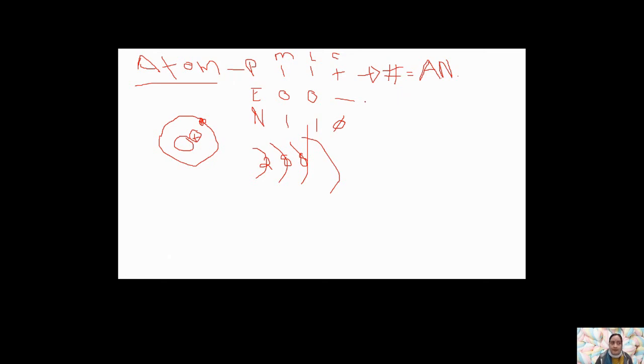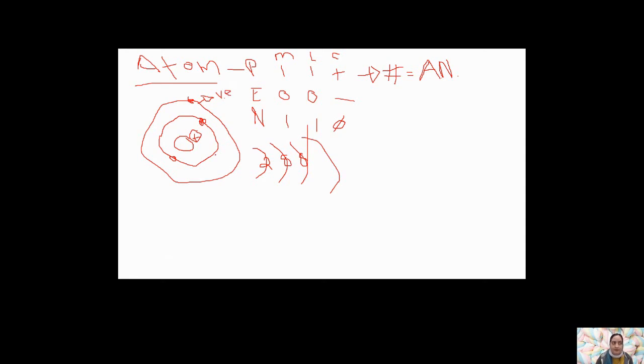Then within the electrons, the ones on the last shell, so if you have 2 shells, let's say this one has 2 electrons there, and another electron on the second ring, so a total of 3 electrons. This last ring is what we call the valence shell, because it's where we have our valence electrons.